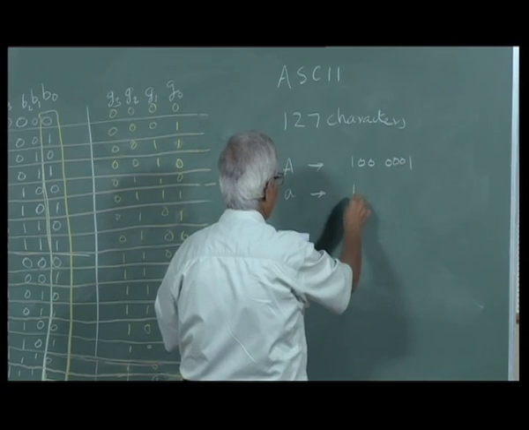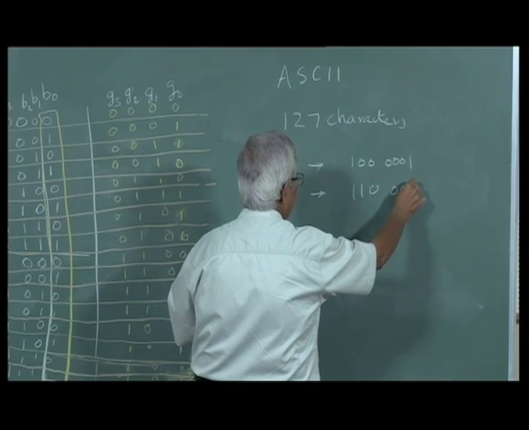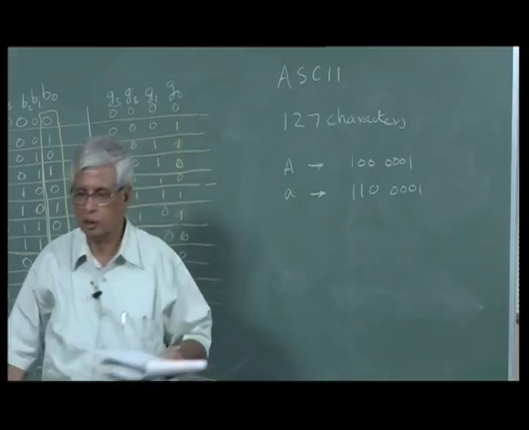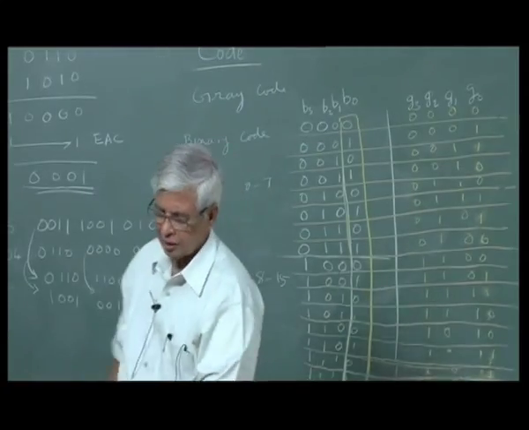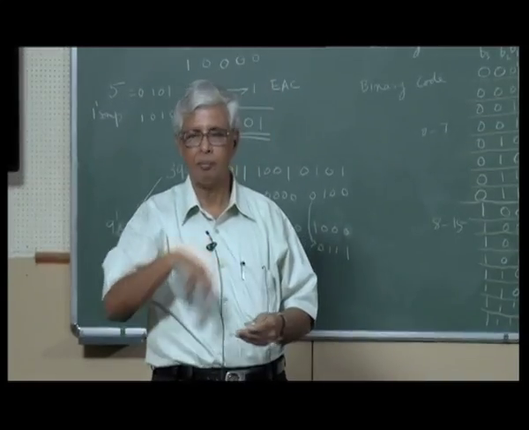Small a is 110 0001. There is only one bit of difference. Then numerals, then special symbols, then all these things you find on the keyboard.